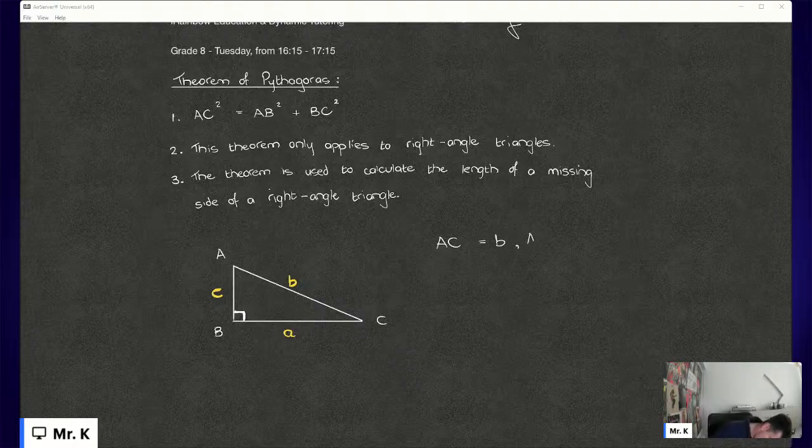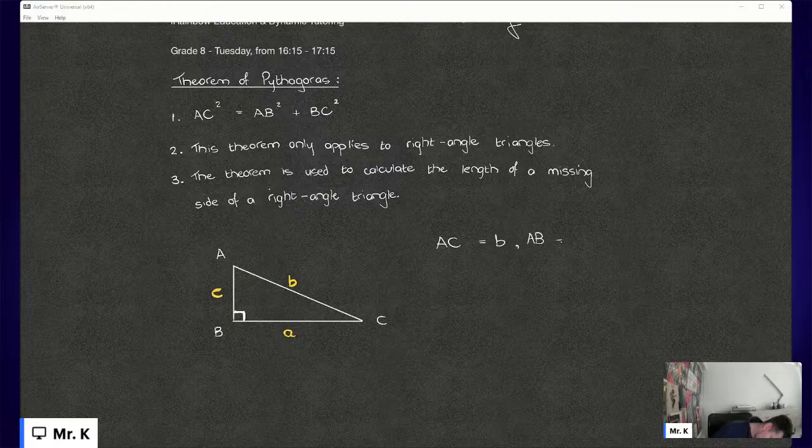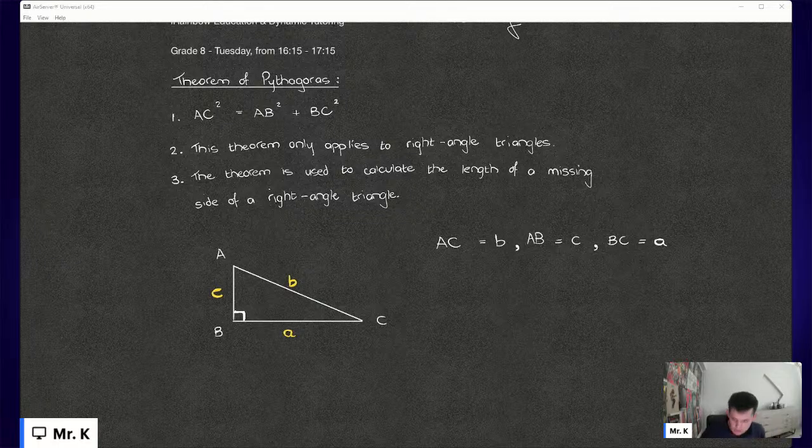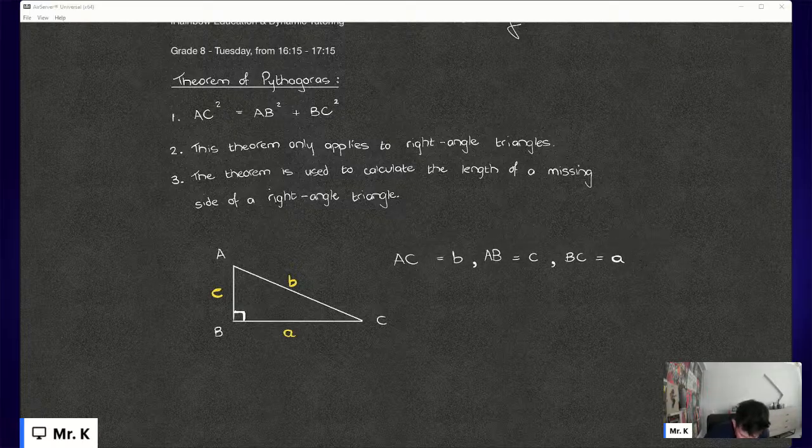Side AB is equal to small lowercase c. And finally, side BC is equal to side a. Just make sure that you have that information.